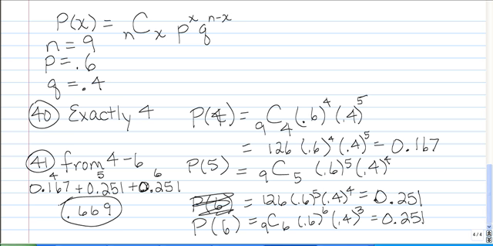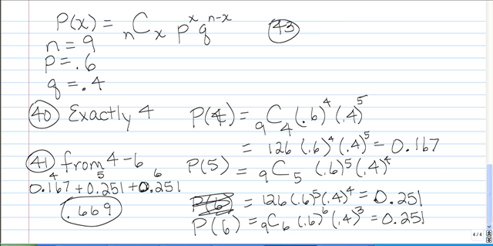And let's do 43. In 43, it says at least 3. So what are we going to have to do?